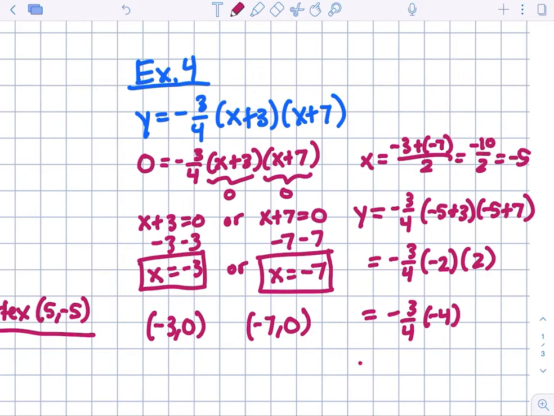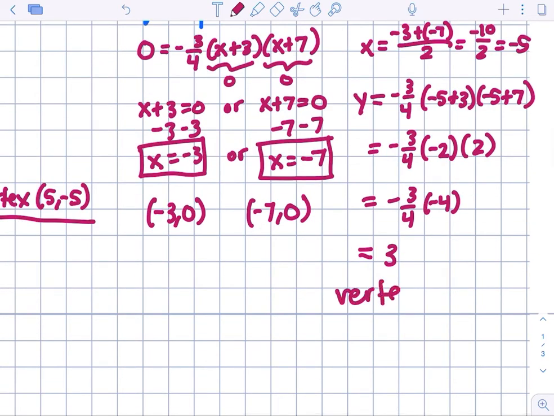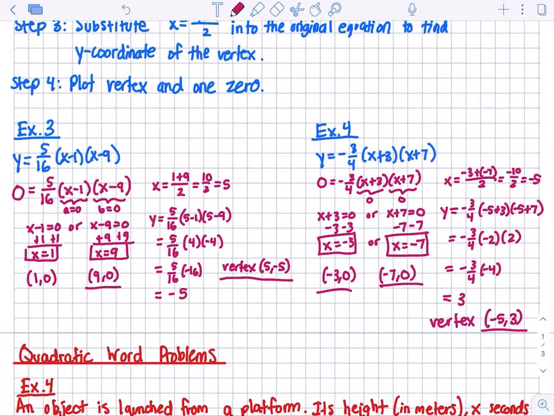Negative 4 times negative 3/4 is a positive 3. So your vertex is going to be (negative 5, 3). So plot this and plot one of these two, and that will give you your graph.